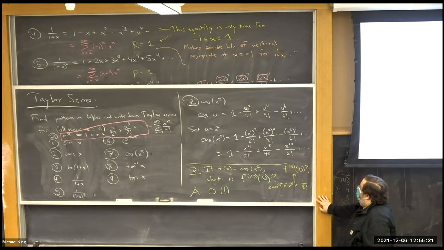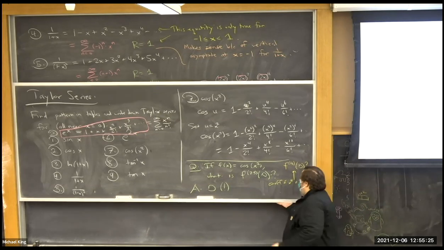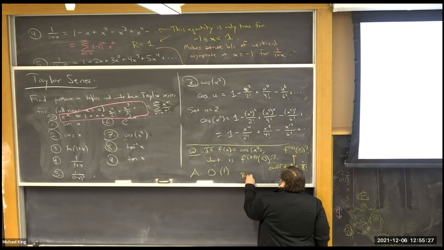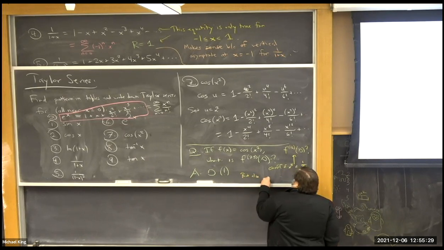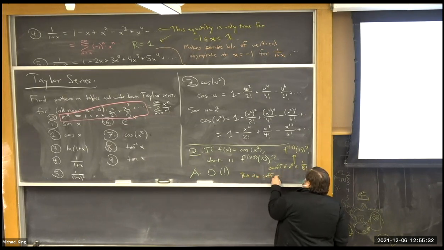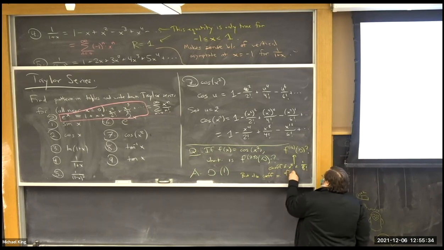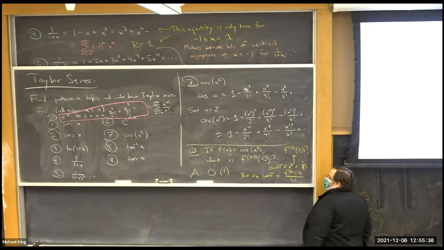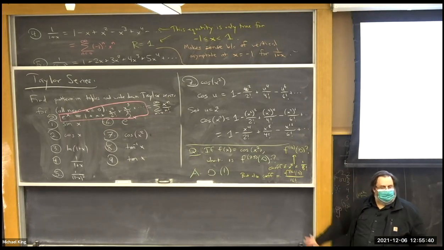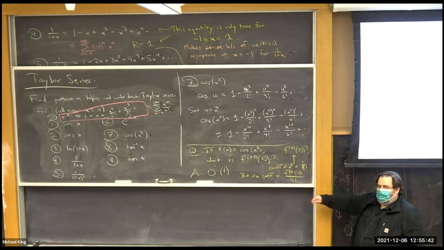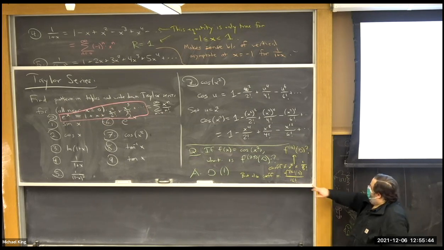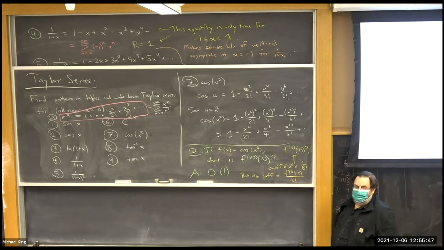But we also know the coefficient equals the 16th derivative at 0 over 16 factorial, just by definition, by the Taylor series construction. So you can set these equal to each other to find the 16th derivative at 0.